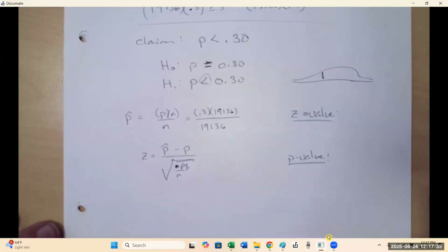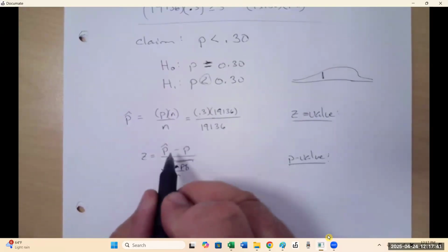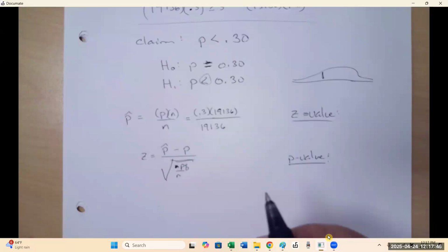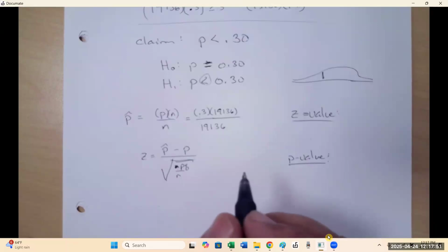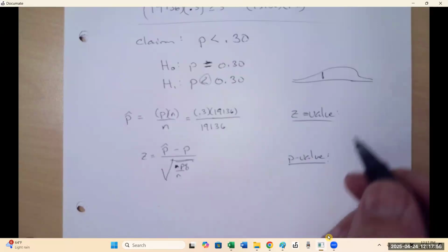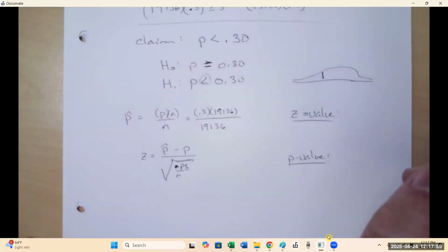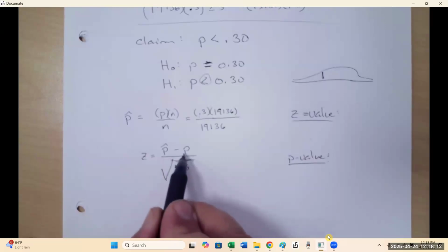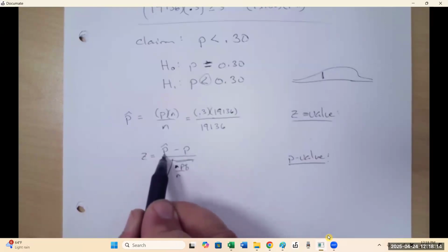Well, yeah. That would be P. Well, no. Because look at it, in our formula, if P is bigger than P hat, then we have a negative value.